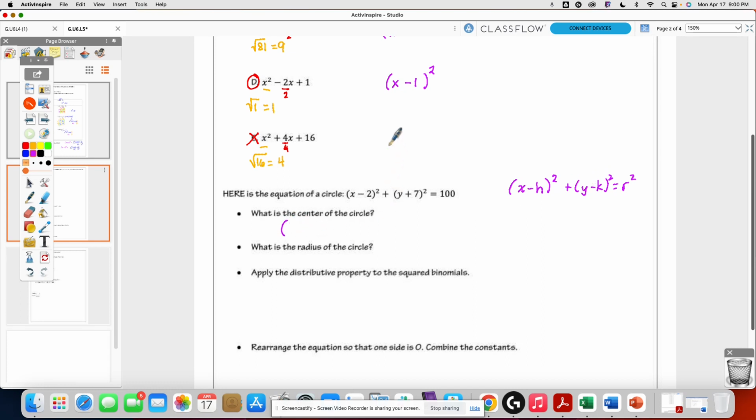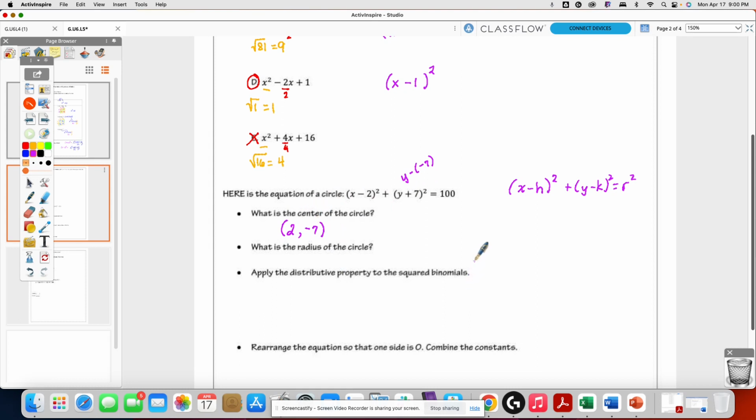So in this particular case, if the equation of the circle is x minus 2 squared plus y plus 7 squared, since you have a minus 2 here, it means that the h coordinate of the center is 2. And then you have here a y plus 7. Basically, that's the same as y minus negative 7, which means that the k is equal to negative 7. So the positive 7 becomes negative 7. Just think of it that way. So the center of this circle is positive 2, negative 7.